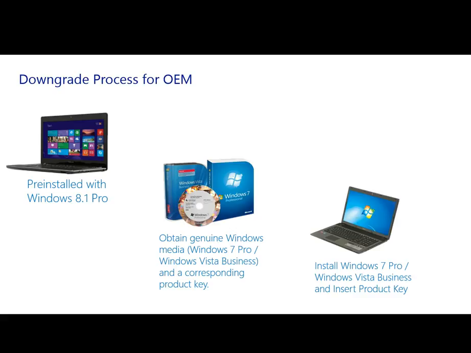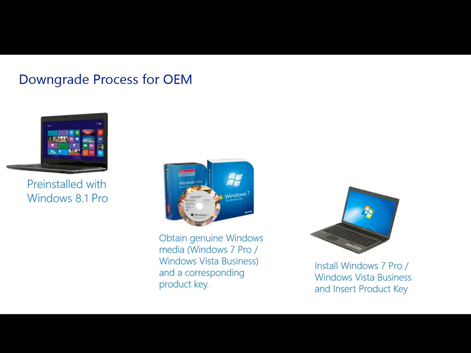Now, let's say I've already installed Windows 7 Pro using the product key of the Windows 7 Pro. It will work, but it will not activate. The reason why it's not going to be activated is because the product key has probably been used, right? Because I obtained the license from someone else.